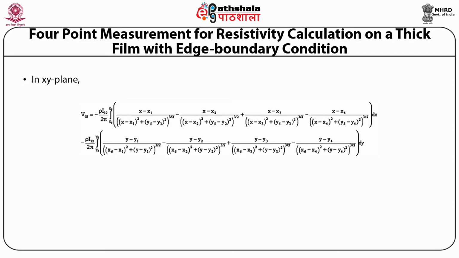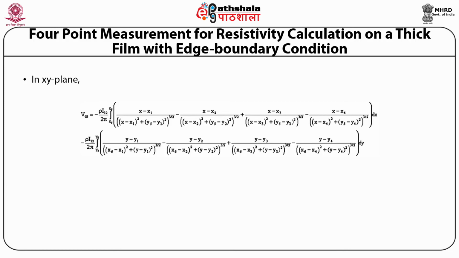Within the brackets under the integral sign, we have the terms x minus x1 divided by x minus x1 whole square plus y5 minus y1 whole square, the entire term in the denominator raised to power 3 by 2, minus x minus x2 divided by x minus x2 whole square plus y5 minus y2 whole square, the entire term raised to power 3 by 2, plus x minus x3 divided by x minus x3 whole square plus y5 minus y3 whole square, the entire term raised to power 3 by 2, minus x minus x4 divided by x minus x4 whole square plus y5 minus y4 whole square, the entire term raised to power 3 by 2, dx.